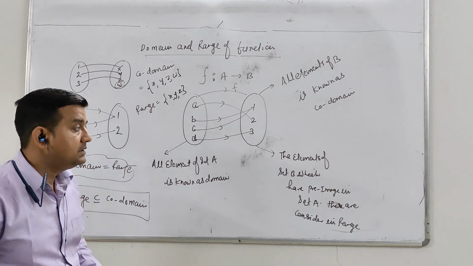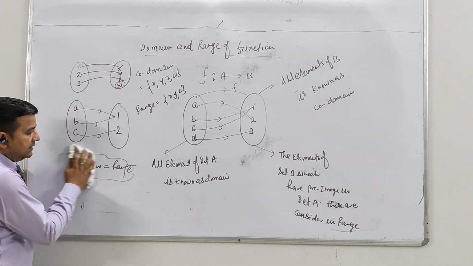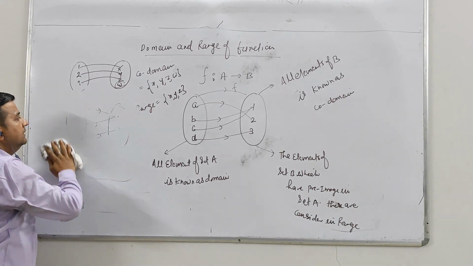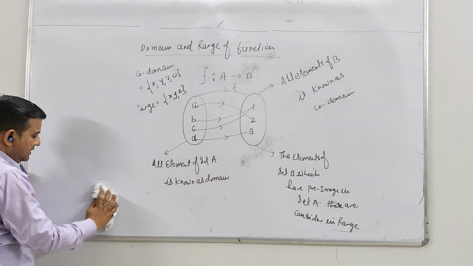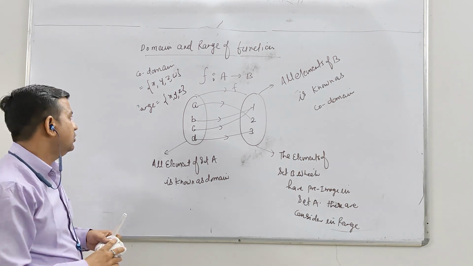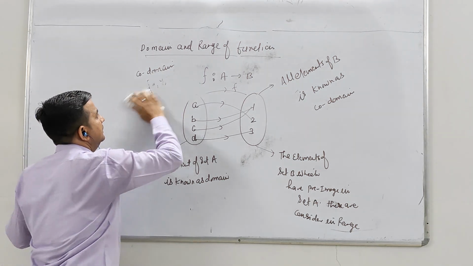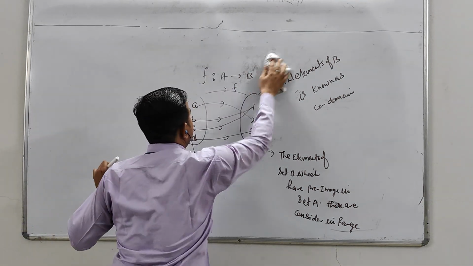Now I will consider the next topic, and that is the type of the function. There are some specific functions which have some specific domain as well as range. So next topic I discuss the types of the function.